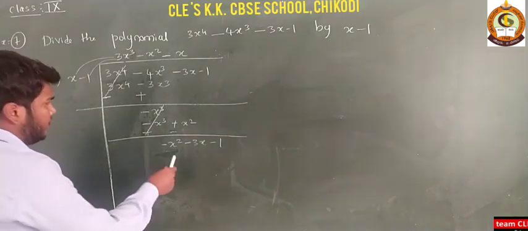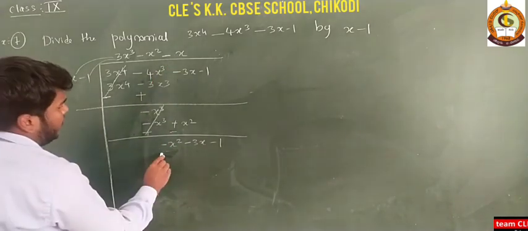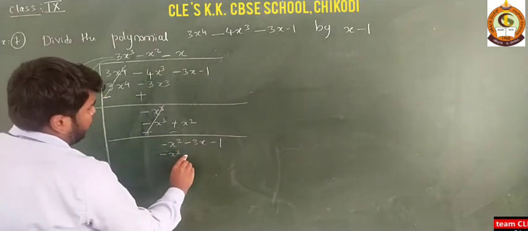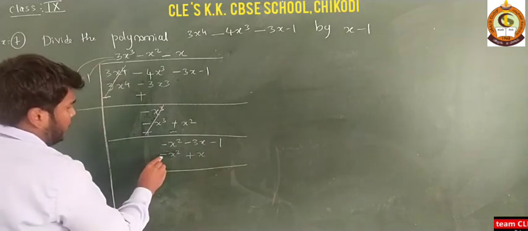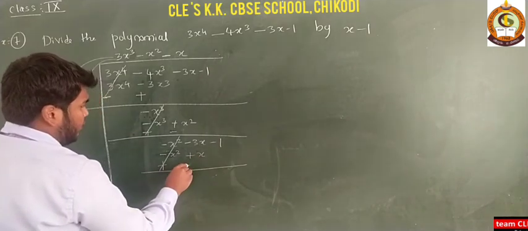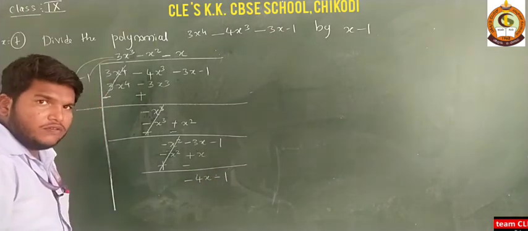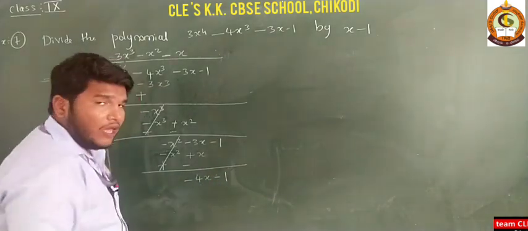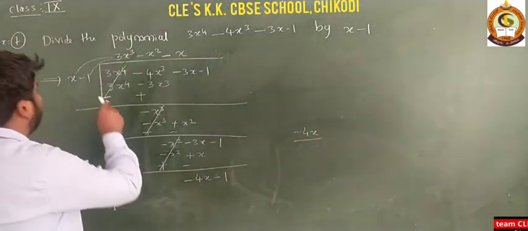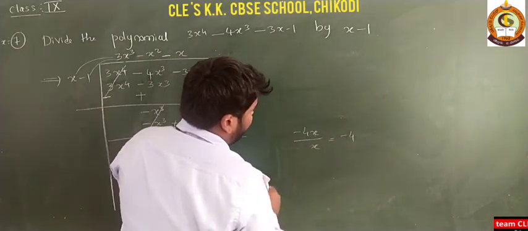So dear students, now see this is minus x square, so minus x into x is again minus of x square. Okay dear students, and x into x, that is plus of x. So again minus will become plus, this will get cancelled, and plus will become minus. So minus x minus 3x is minus 4x minus 1. So this is minus 4x minus 1, means I have to choose now minus 4x whole divided by x, so x gets cancelled, so minus 4 you have to take.